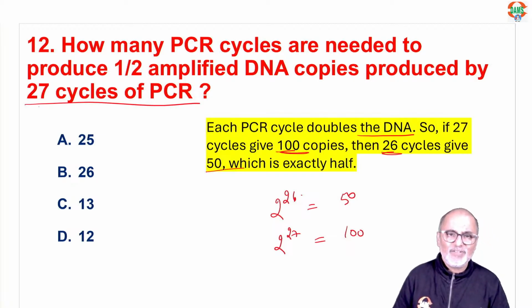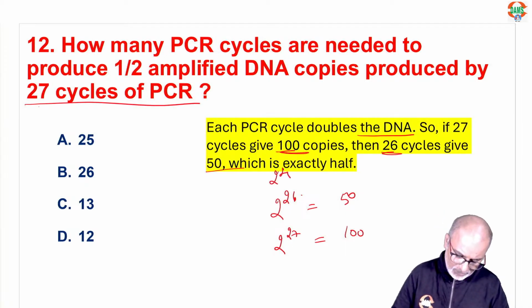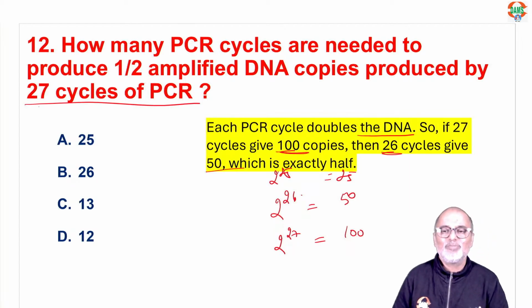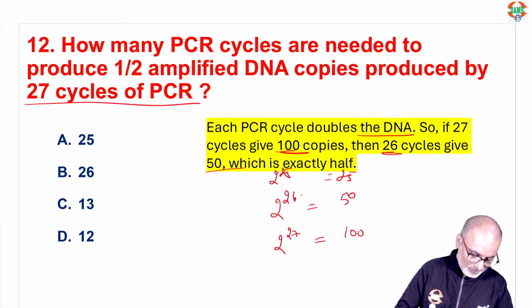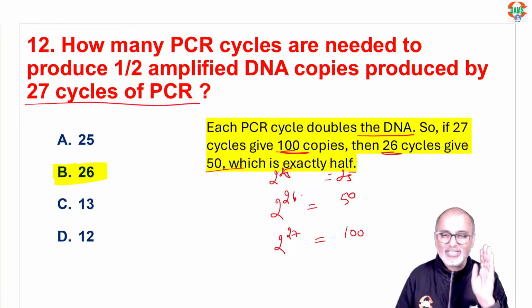In case of 25 it will be 25 copies, 2 to the power 24 will be 12.5, like that. So one cycle less, you can remember. No need to break your heads, because after mathematics, it is fully concept.